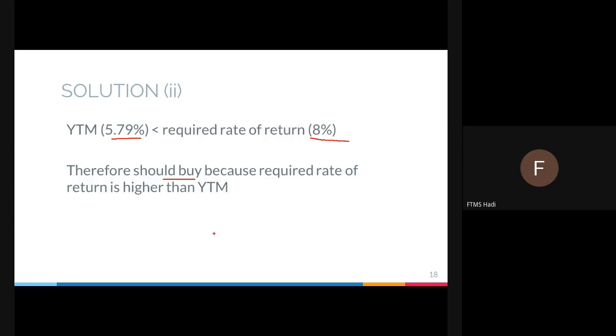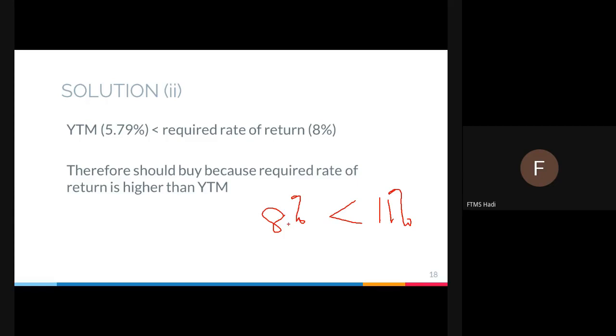Let's have a look if we reverse it around. Let's say the required rate of return is 8%, and your YTM estimation is 11%. You estimate 11%, but you only get 8%.